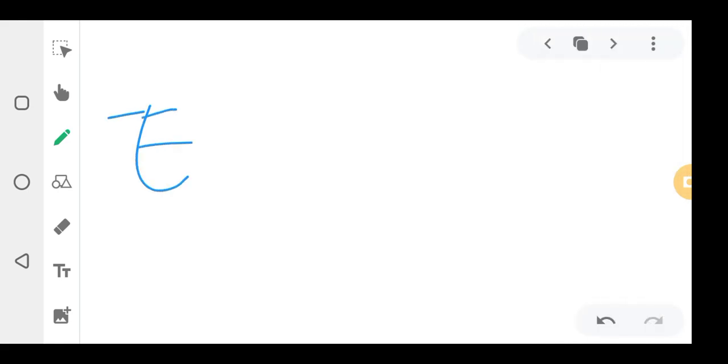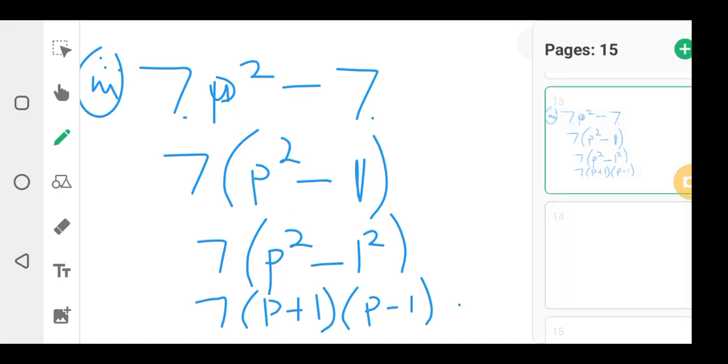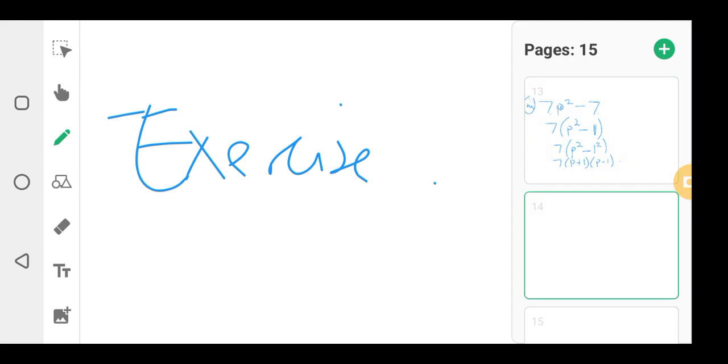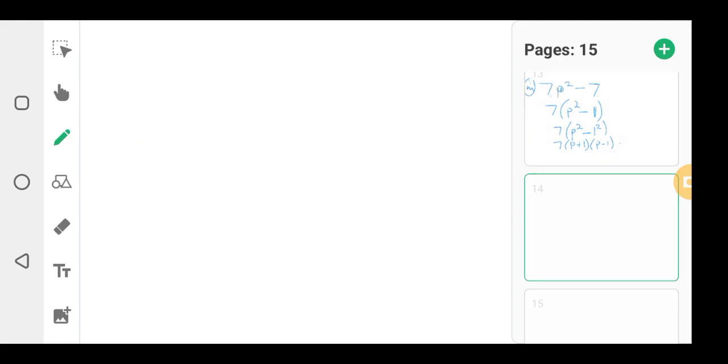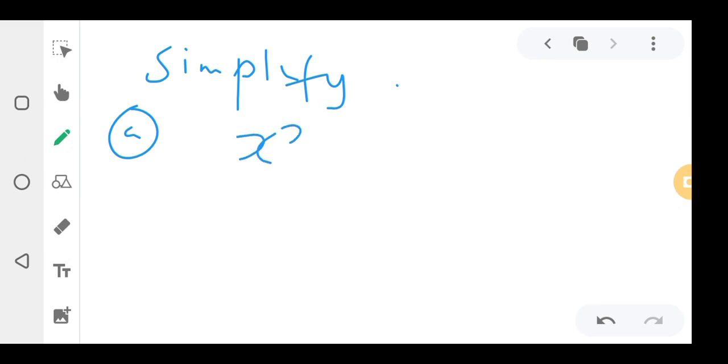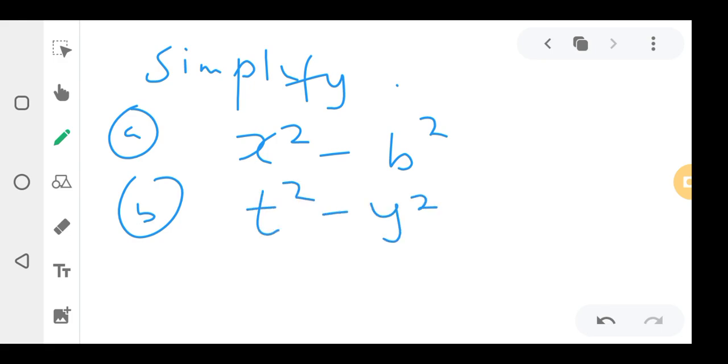And then now you solve this exercise. Question 1. Simplify. That's question A: x squared minus b squared. How do you simplify this? Question B: t squared minus y squared.